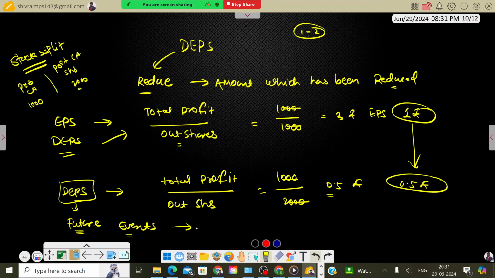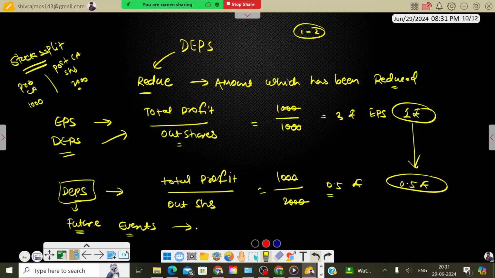What are the different events which directly affect the earning per share of a company? See, overall profitability, as I said, won't be affected; the total profit of a company remains the same. It's just a matter of when you calculate the dividends per share, that will be affected.